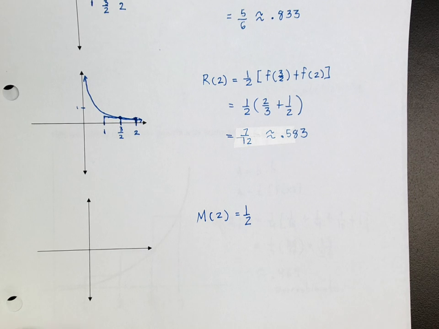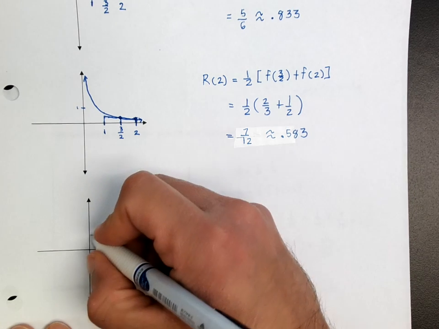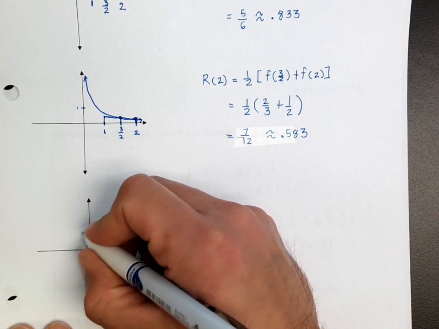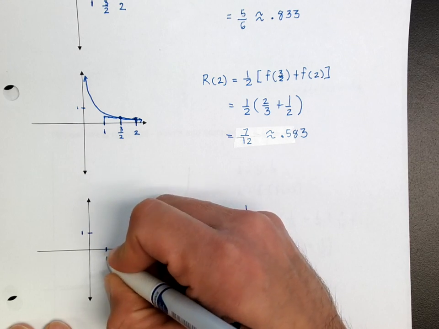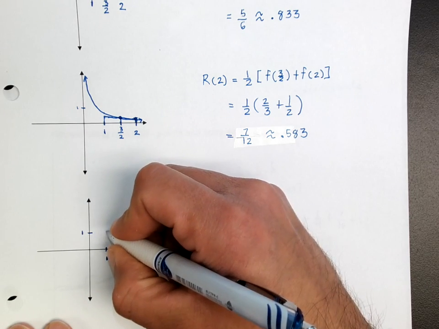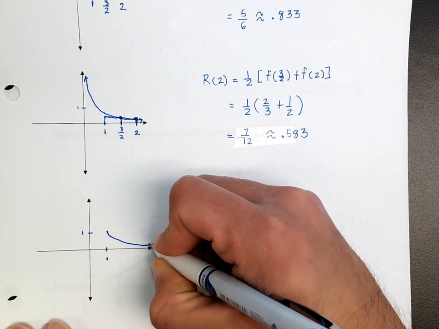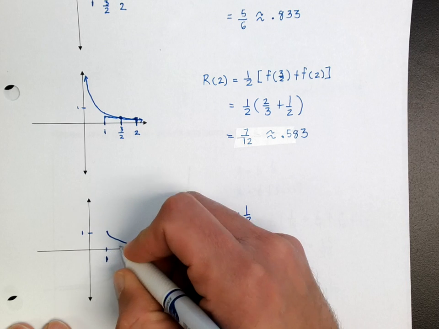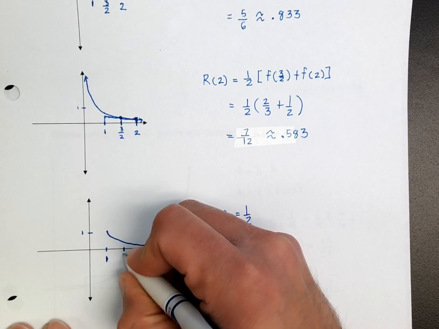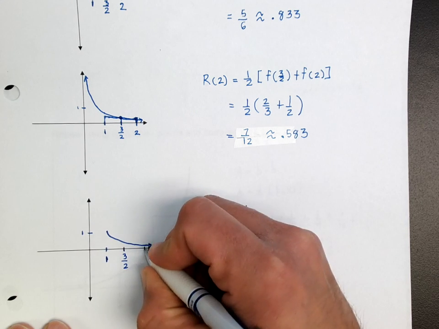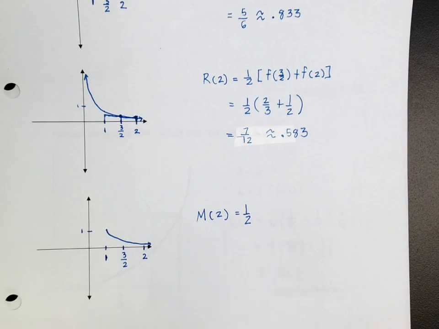Let me see if I can draw this a little better this time, maybe with a steeper curve. So we have 1, 3/2, and 2.